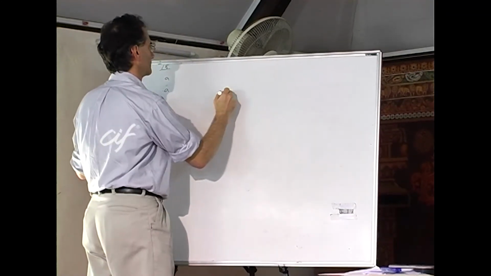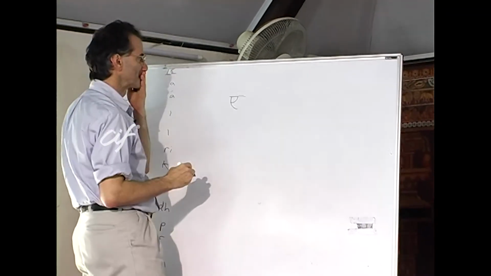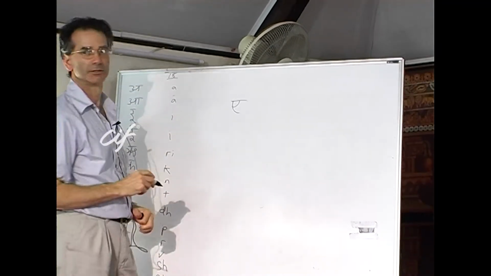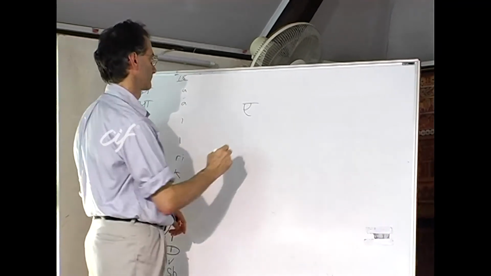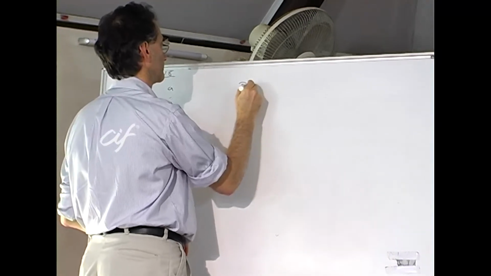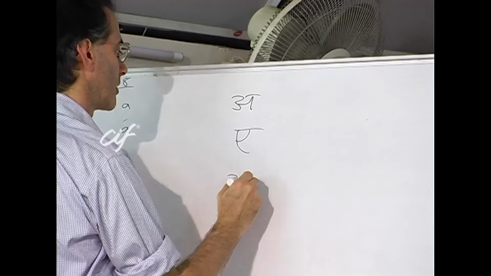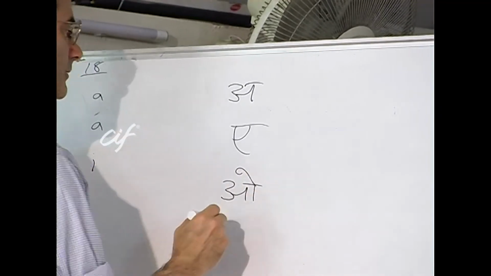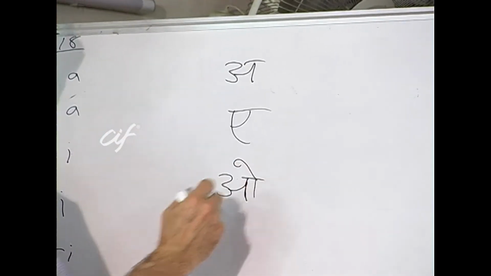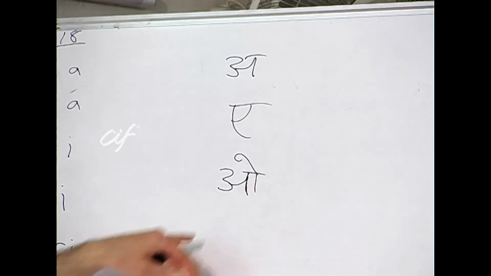We have this sign to represent a. We have this sign to represent a. To represent o, do we have a native sign? Not really. Isn't this a composite?